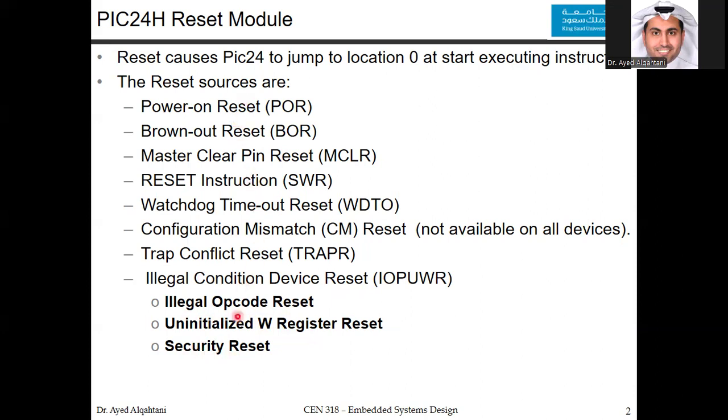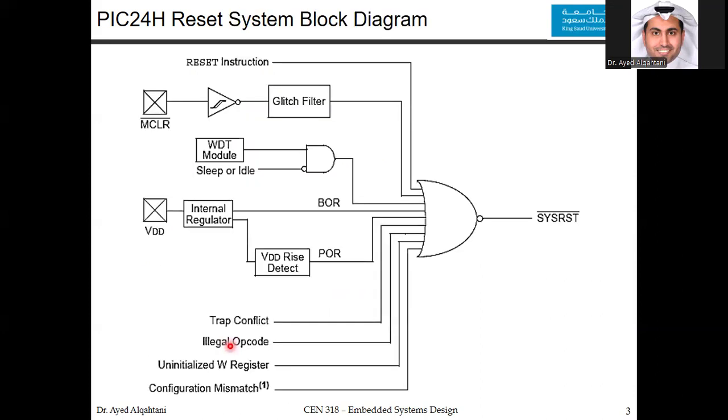So let's look at them in hardware to understand them better. We have first the power on reset. You have a voltage source that supplies you with the VDD, usually with a certain regulator. You check the VDD when it rises from 0 to 1.